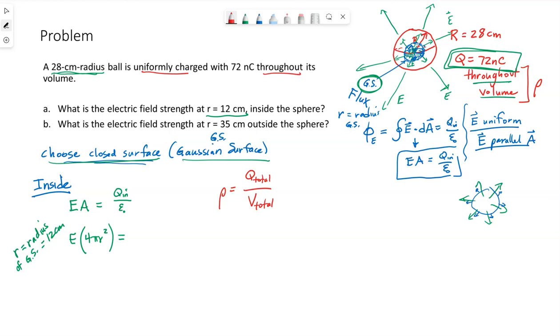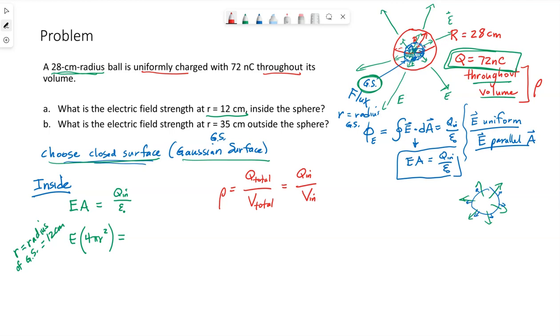That's totally true. But it is also represented by the charge inside our small sphere, divided by the volume that our small sphere is covering. So there's two ways we can go about this.